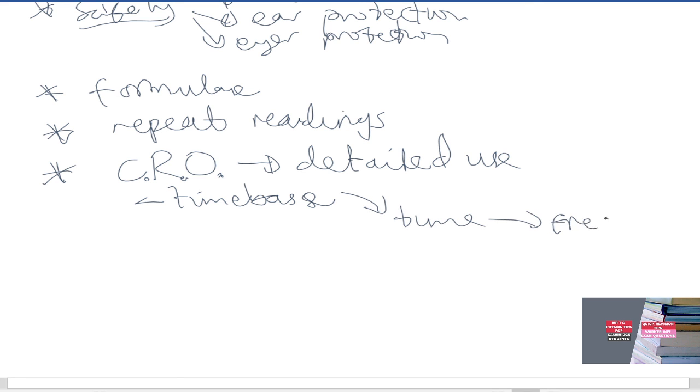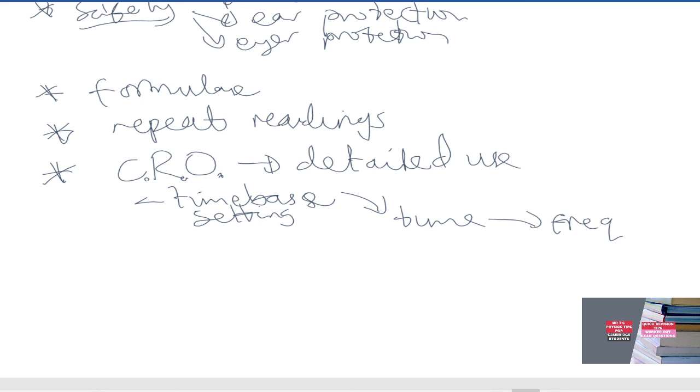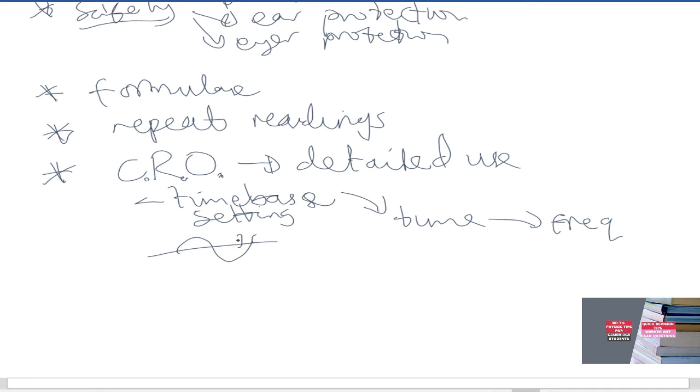So you need to mention the time base setting. Remember, it's always seconds per division, multiplied by the number of divisions that give you a period on the waveform. Then you have the period, the time taken to complete a period, and then you say 1 over T to find the frequency. So all that is under additional detail.